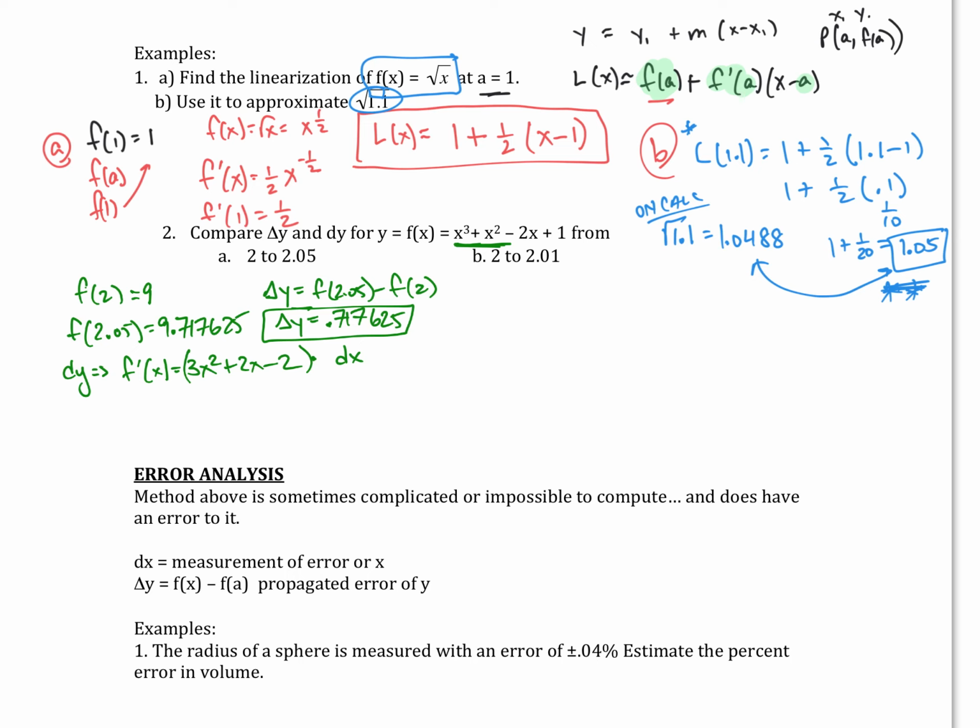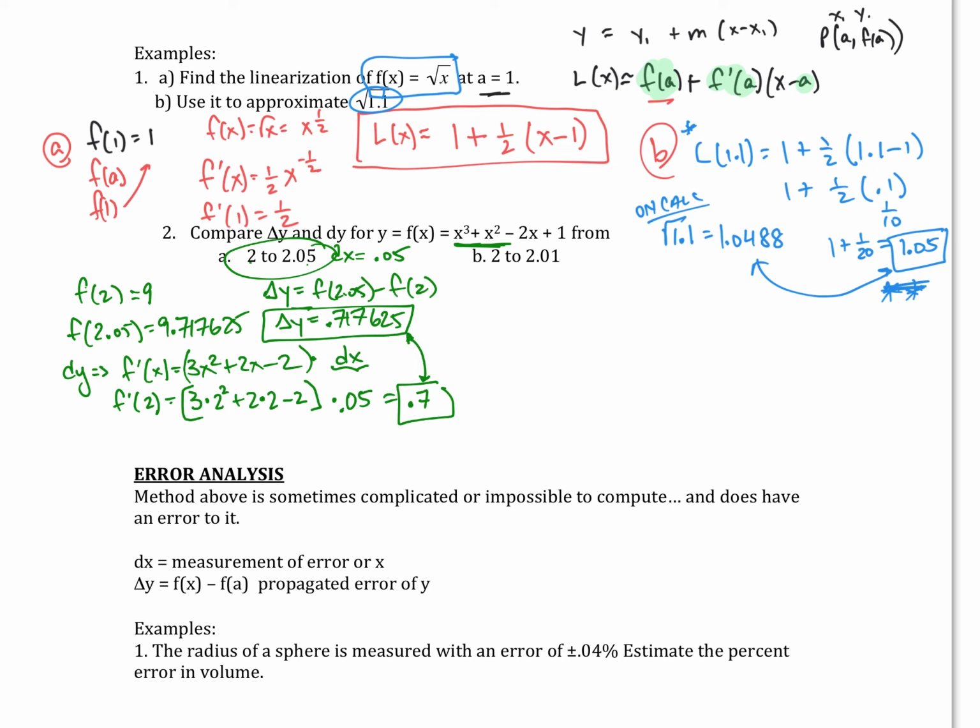So at f prime of 2, I'm going to say 3 times 2 squared plus 2 times 2 minus 2. This times my dx, which for this will be 0.05, and I got that by going from 2 to 2.05. That's my change in x. I work this out, and I get 0.7. Now I can compare these two values, and that's the difference between delta y and dy.